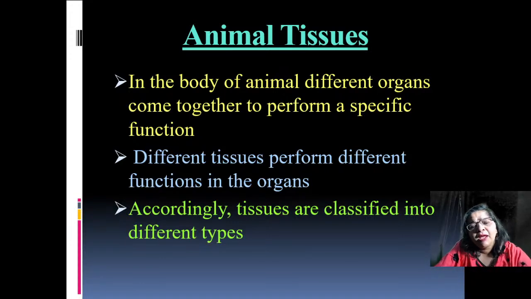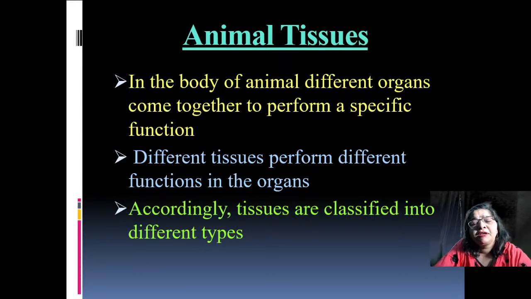Now, in the body of an animal, different organs come together to perform a specific function. For example, you all know the digestive system, in which you have the mouth, the throat, the esophagus, the stomach, the small intestine, the large intestine, the rectum, and of course the end of the alimentary canal is the anus.